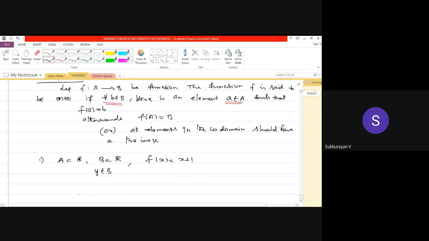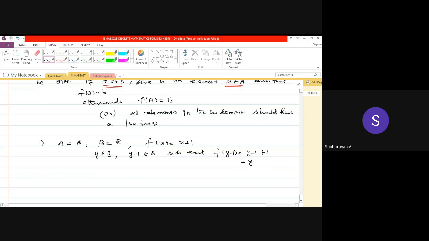Very good. Y minus 1 belongs to A such that f of y minus 1 equals y minus 1 plus 1, which is equal to y. Look at this, element y is an arbitrary element. Therefore, this function is an onto function.